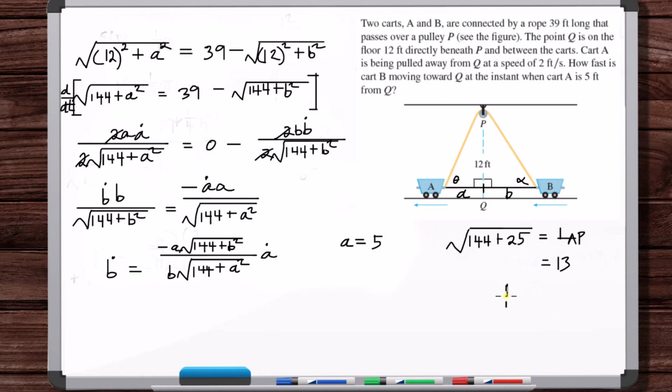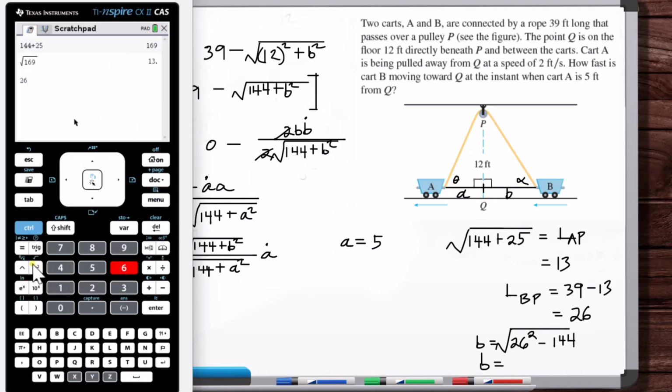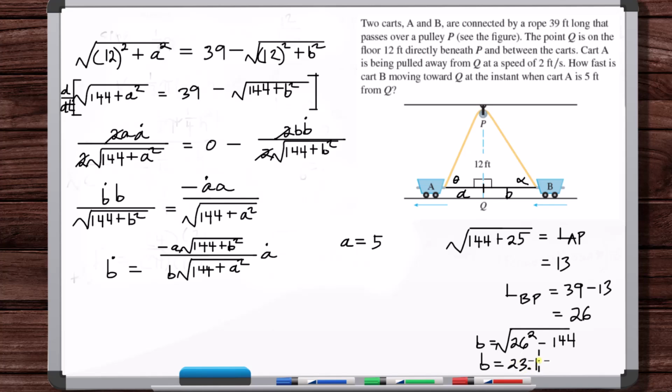So that means that LBP is equal to 39 minus 13, 26, which means that b is equal to the square root of 26 squared minus 12 squared. That's 23.1. So b is 23.1.